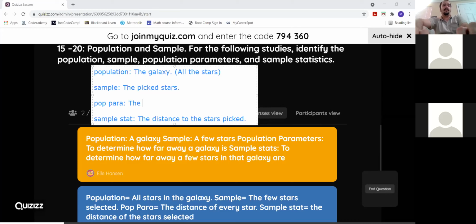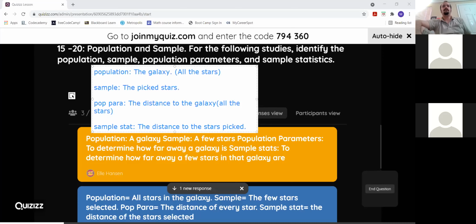And the population parameter is the distance to what? The galaxy, or all the stars.